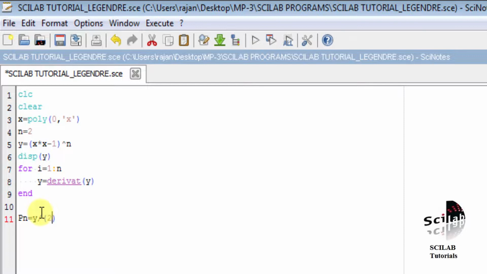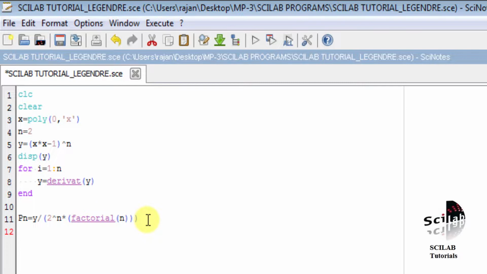So 2 to the power n star bracket start factorial bracket n. So this factorial will give the n factorial, and 2 to the power n will give the 2 to the power n. So Pn will contain the nth order Legendre polynomial, and since in our case n is equal to 2, we will get the second order Legendre polynomial, which is P2.